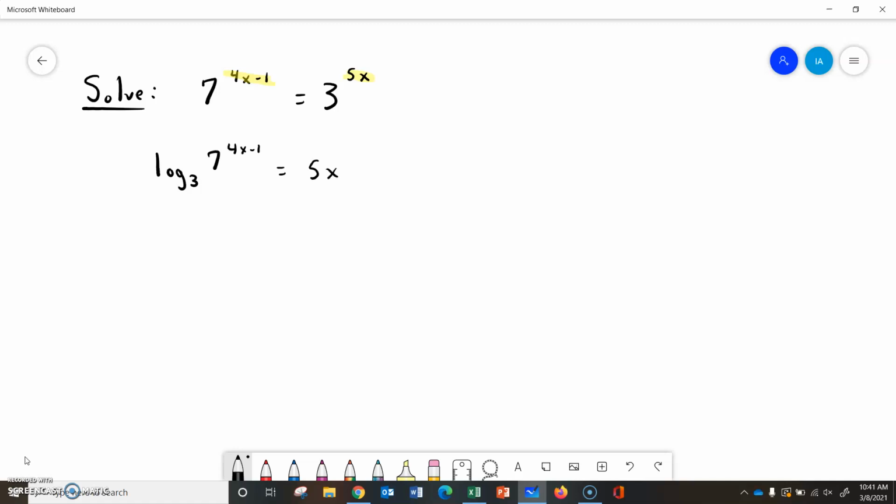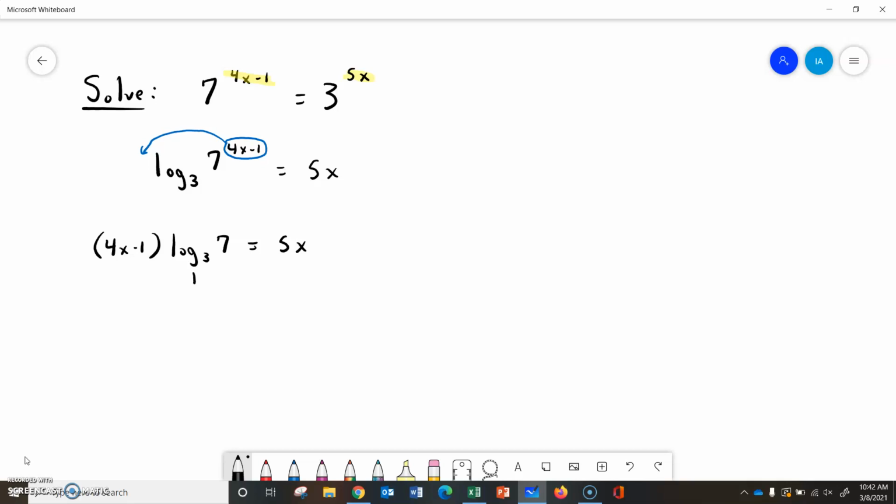And in that case, it allows me to pull the exponent out front. So inside this logarithm, I've got an exponent of 4x minus 1. I'm going to pull that out front. So when I do that, I'll have 4x minus 1 times log base 3 of 7 equals 5x.